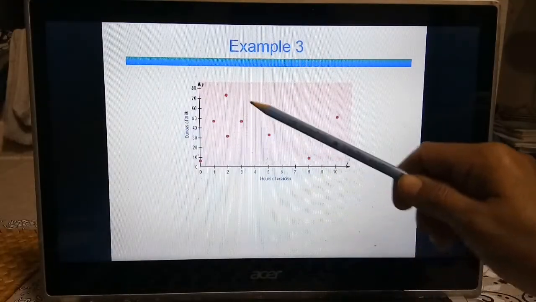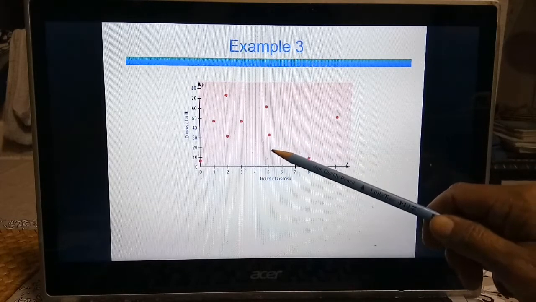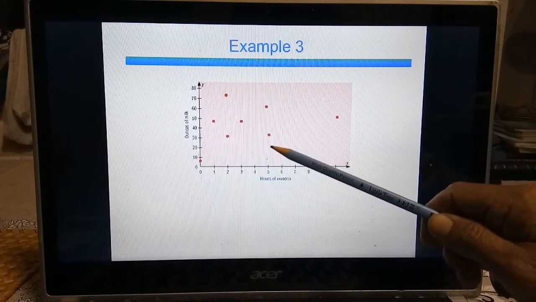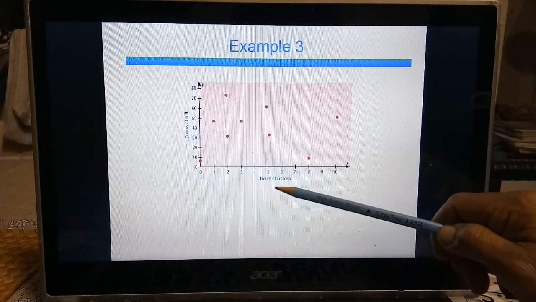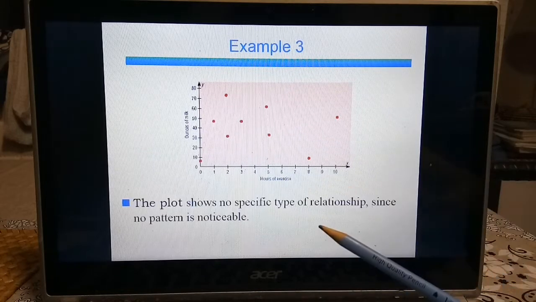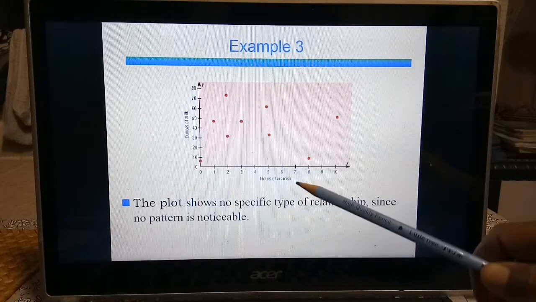Okay, so kita plotkan sebegini. So daripada sini kita tak boleh nak estimate adakah dia makin increasing ataupun decreasing. The relationship between hours of exercise dengan ounces of milk: no specific relationship since no pattern is noticeable.